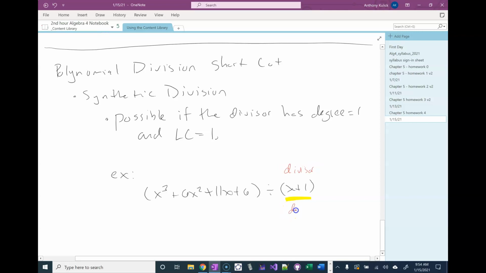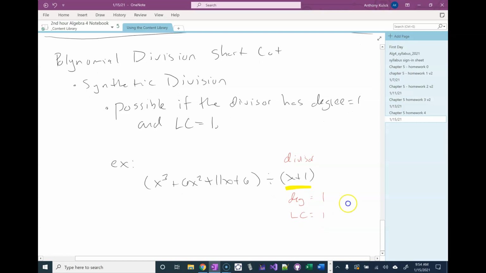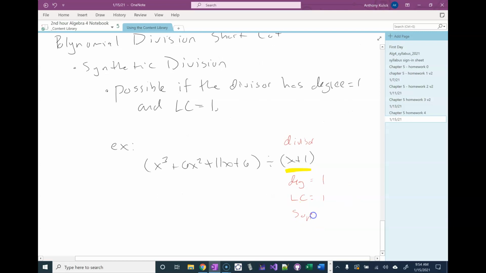What's the degree for this polynomial, x plus 1? 1, right? Because what's the exponent on the x? 1. What's the leading coefficient of x plus 1? 1, because the number in front of the variable is 1. So we can do synthetic division.